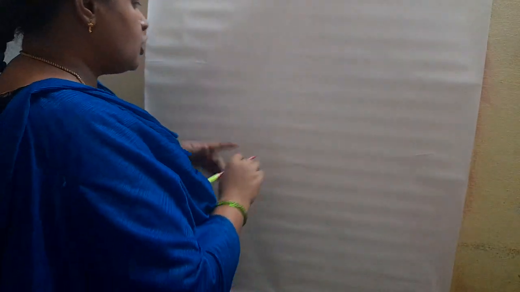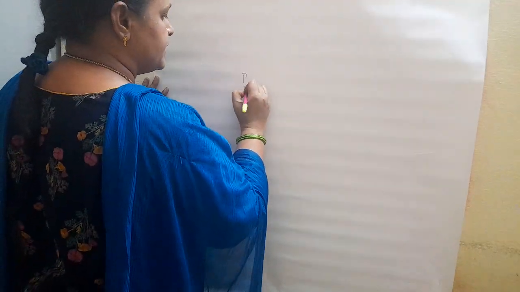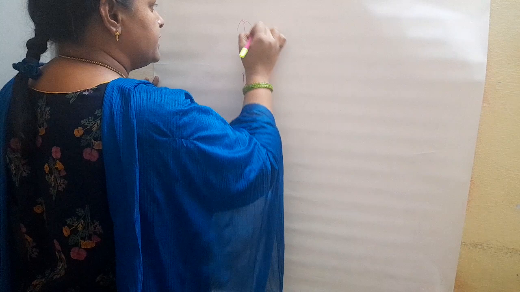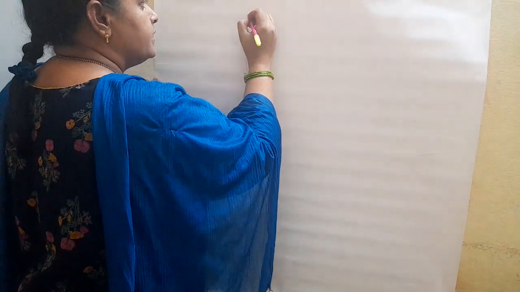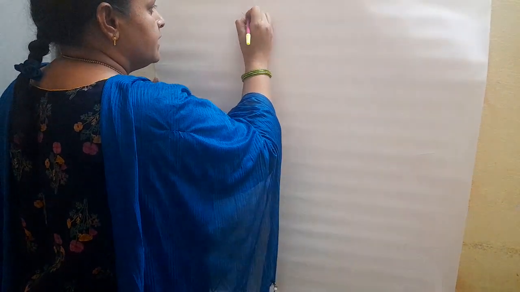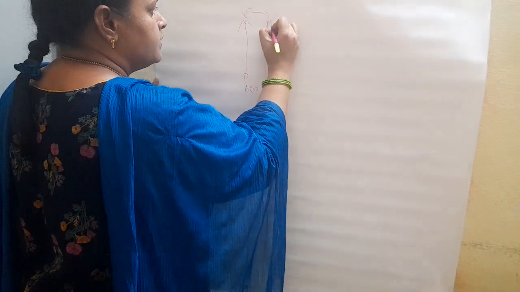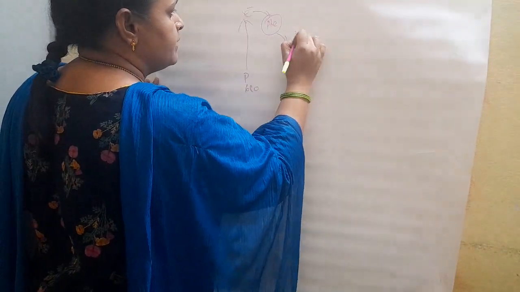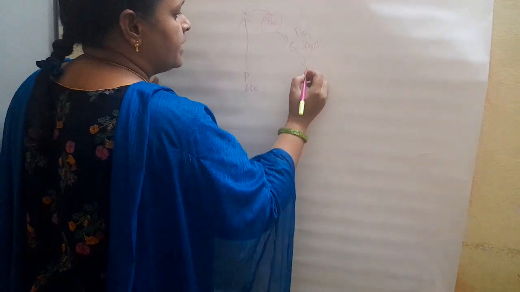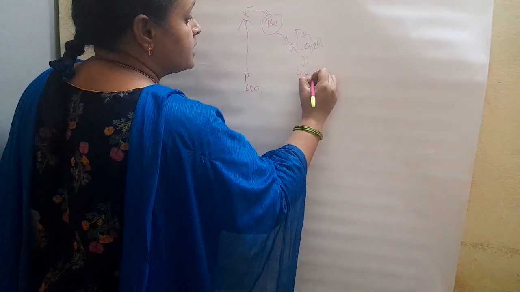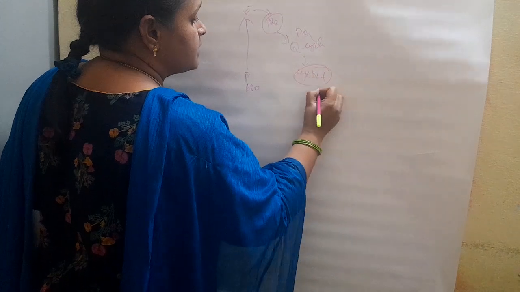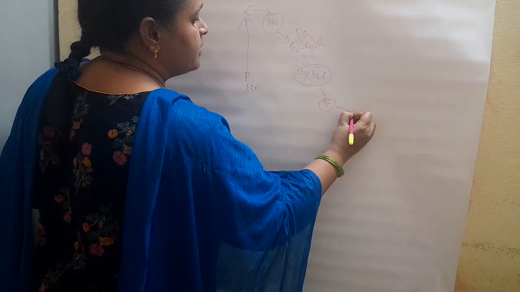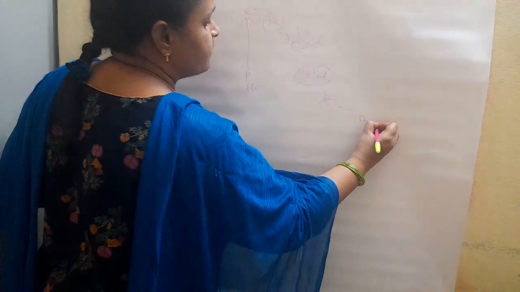Coming to non-cyclic electron transport, P680 is the reaction center, where it accepts light-excited electrons and gives them to pheophytin. From pheophytin it enters the Q cycle, the plastoquinone cycle, then the cytochrome b6f complex, then plastocyanin, and it is given to P700.